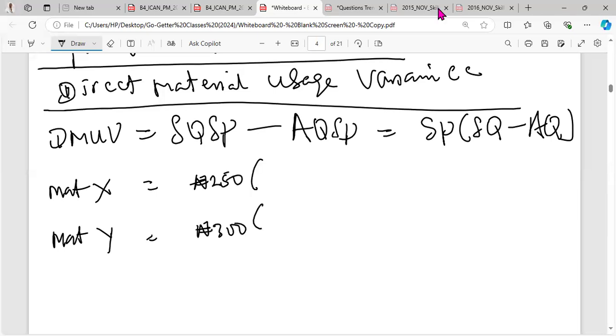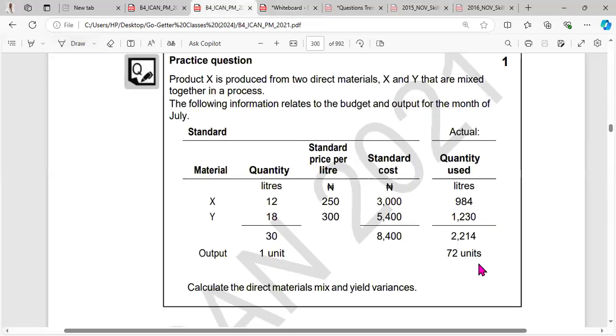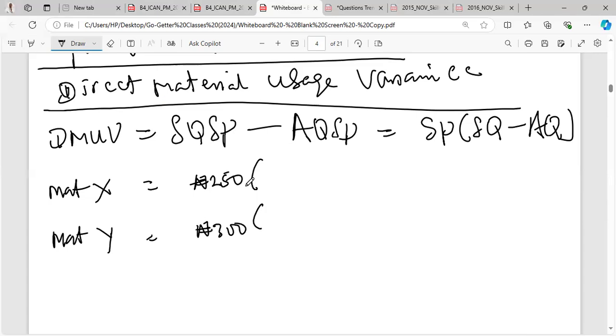What is the standard quantity? Of course, we made 72 units. Standard quantity here is 12 units, 18 units. So I will say 12, 18. Now multiply by 72 units.